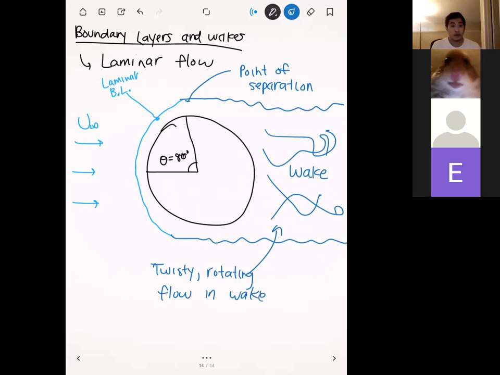And if you remember, when we talked about turbulence, the main reason turbulence enhances heat transfer is because of all the twisty, chaotic, rotating flow that's in turbulence. And so you have kind of the same thing in the wake. Because you have this flow that doesn't follow a straight line, you have basically enhanced heat transfer in the wake region.